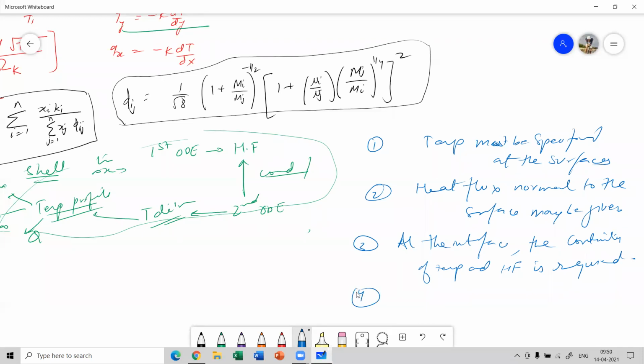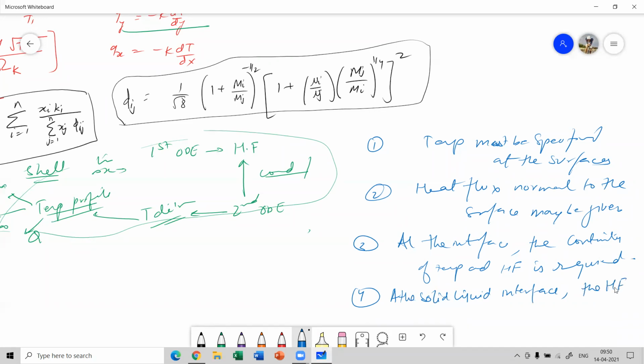And fourth one is at the solid liquid interface, the normal heat flux may be related to the temperature difference at the solid liquid interface.